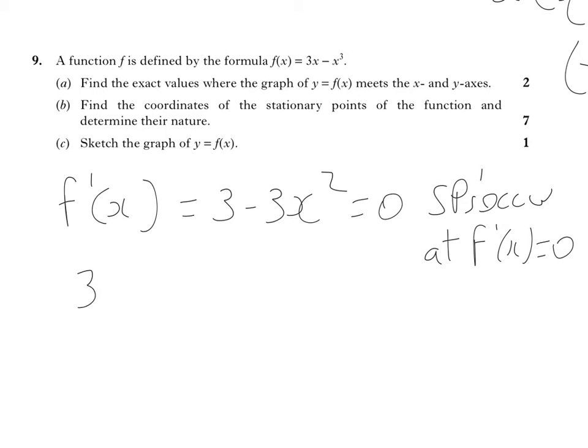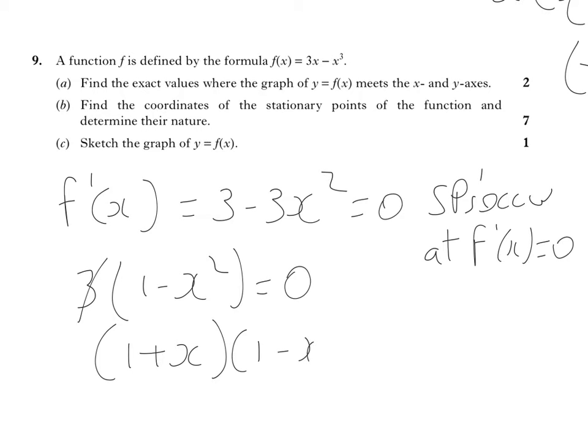Can then take out a common factor, so it'll be 3 bracket 1 minus x squared is equal to 0. Divide both sides by 3, I can then do a difference of two squares, and that will give me x equals minus 1 and x equals 1.